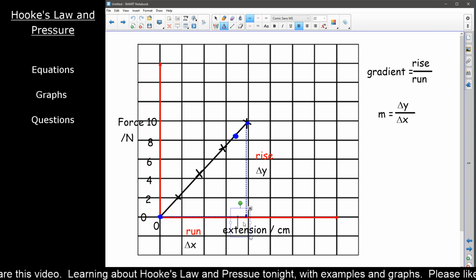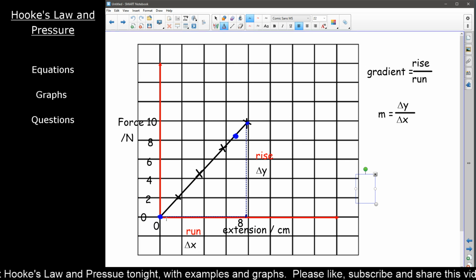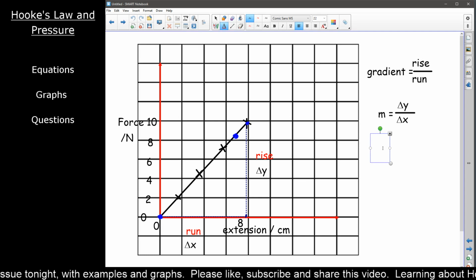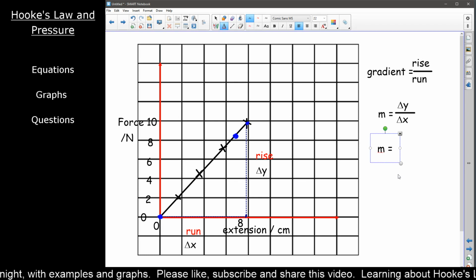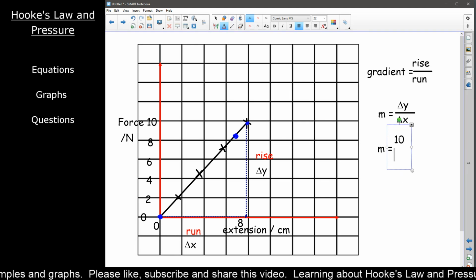And let's say this value over here is something like 8. So my rise would go from 0 up to 10, my run will go from 0 across to 8. Or my change in y is 10, my change in x is 8. So m equals 10, my rise, divided by 8, which is my run.